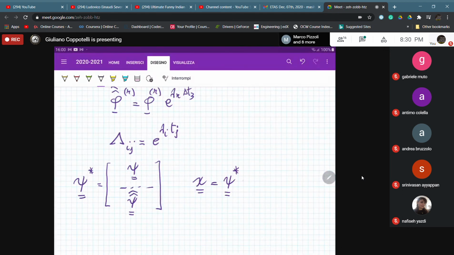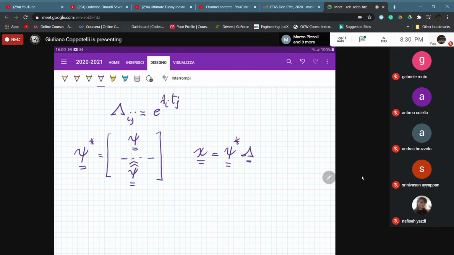Then we can introduce the additional time shift delta t1 in order to introduce your state matrix A, okay.